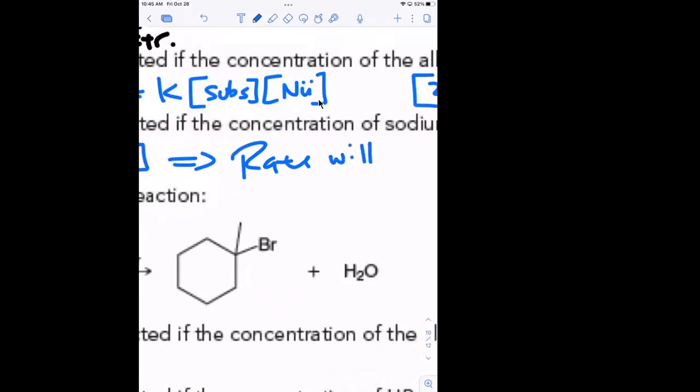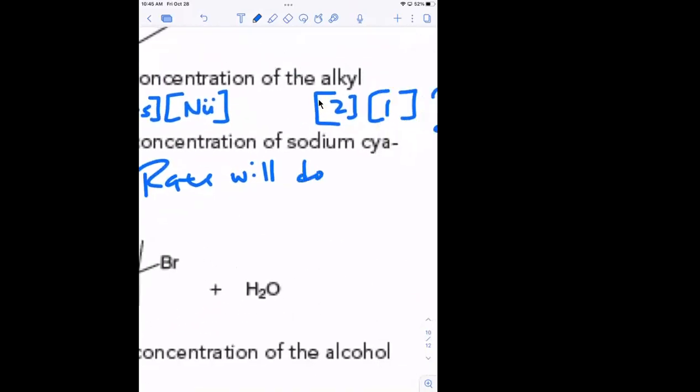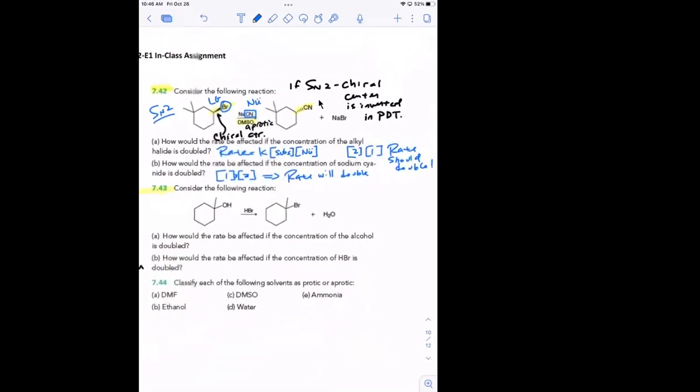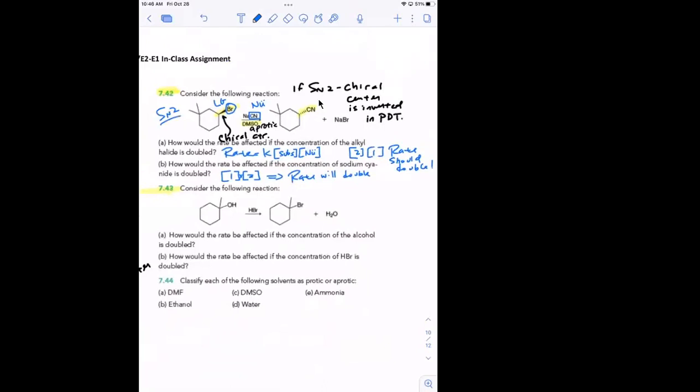It will quadruple. Good. What if you triple them both? It'd be a nine-fold increase. That's all those questions are asking: how we understand the rate law. But before you get to the rate law, you've got to know what reaction is happening, if it's SN1 or SN2.